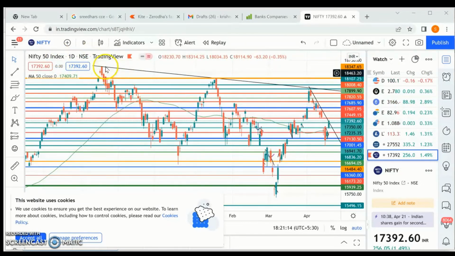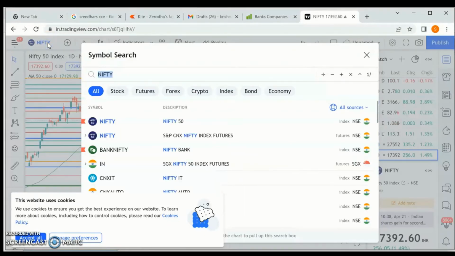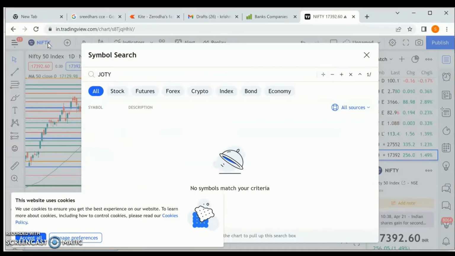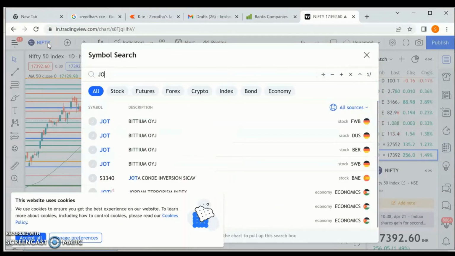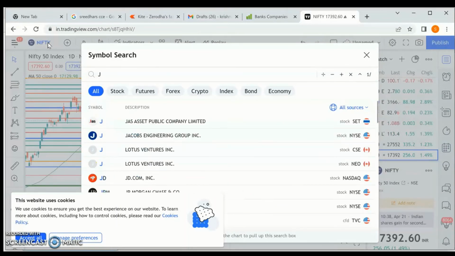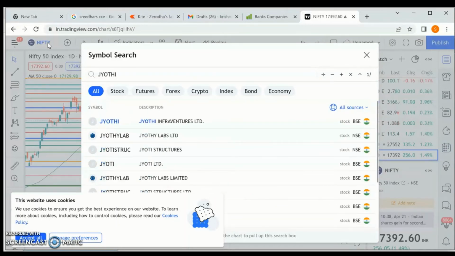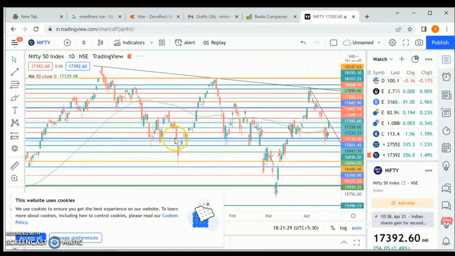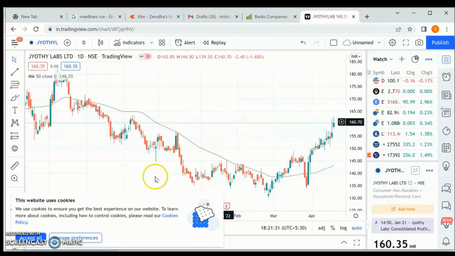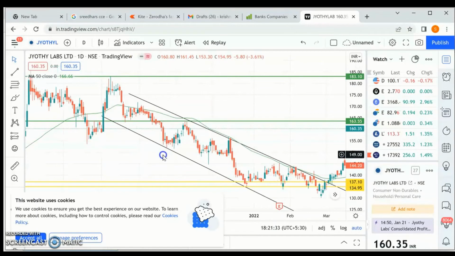See here, this is Nifty 50. I'm selecting one stock, Jyoti Labs. For example, if you got a good stock in the medical sector. This is not a recommendation, I'm giving it only as an example, trend wise.